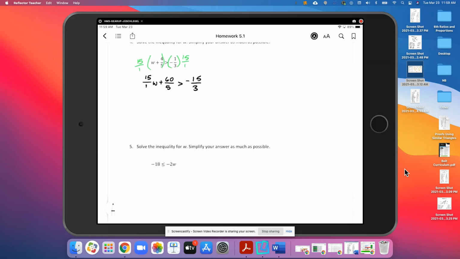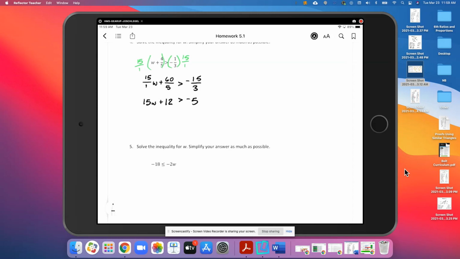Okay, and I can simplify my fractions now, so I will have 15w plus... no, 60 divided by 5 is not 4. 60 divided by 5 is 12. And that is going to be greater than negative 15 over 3, which is going to be negative 5.